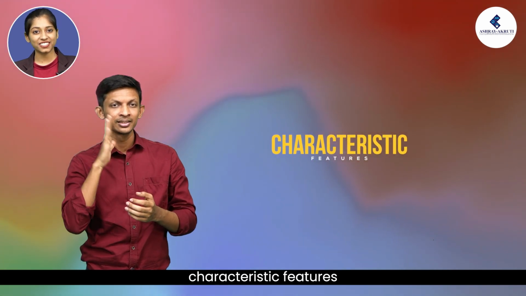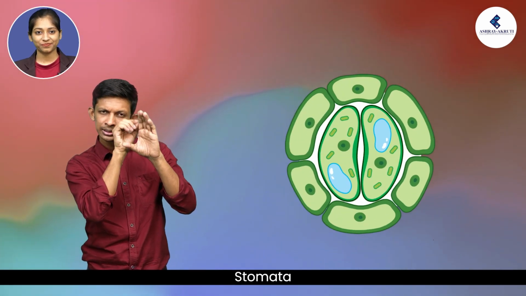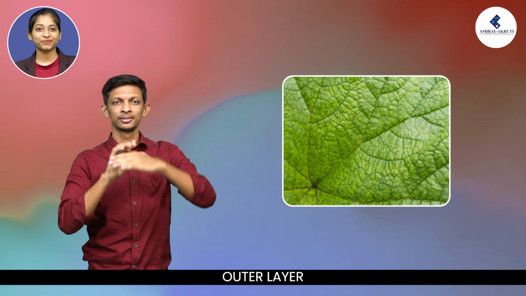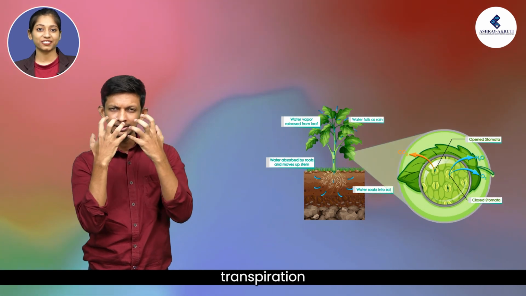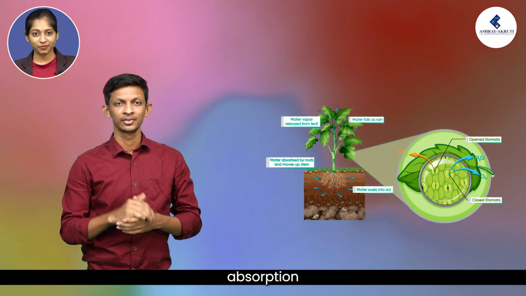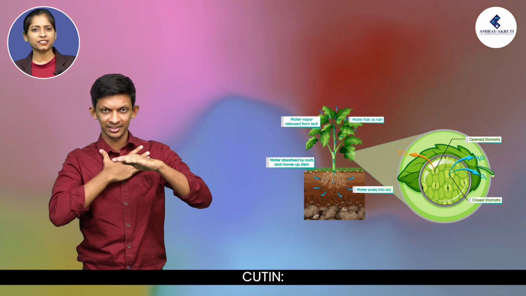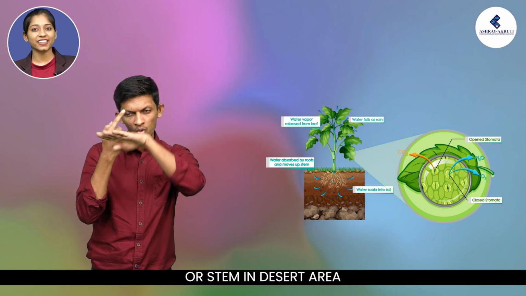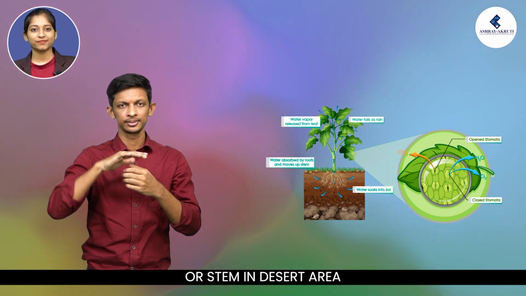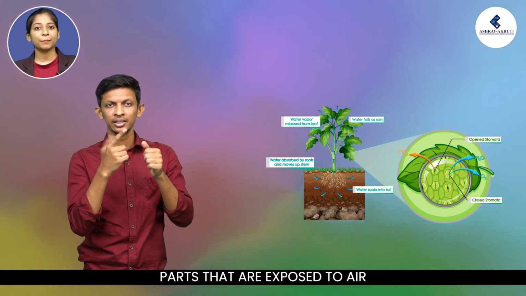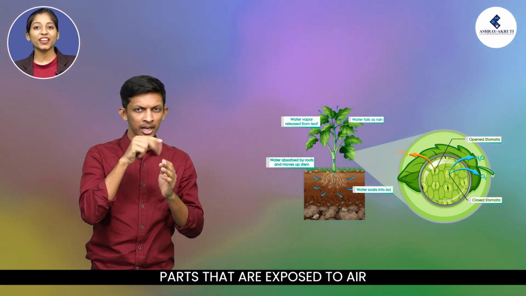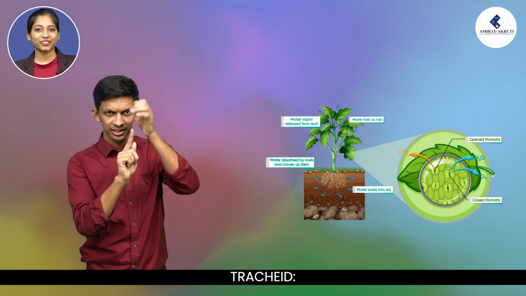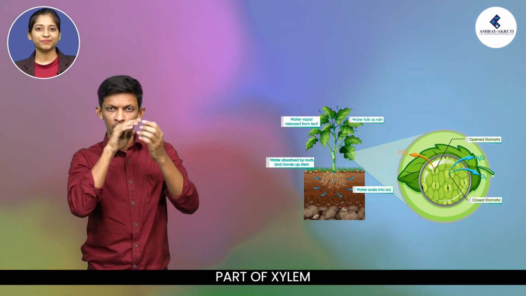Characteristics, features: stomata, epidermis, outer layer, transpiration, absorption, cutin, outer cover of leaf or stem in desert area, aerial, parts that are exposed to air, tracheid, part of xylem.